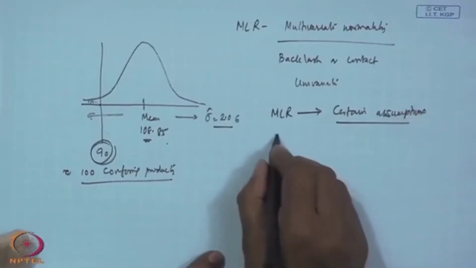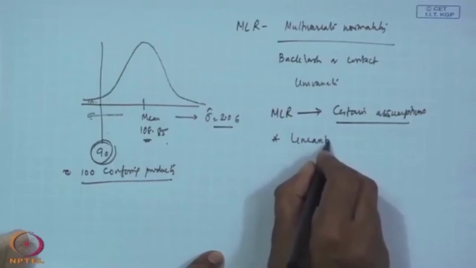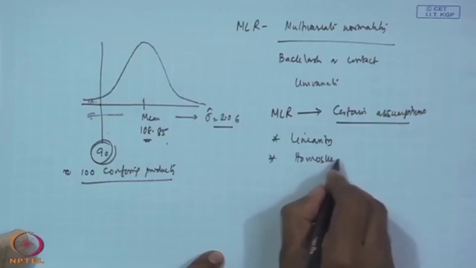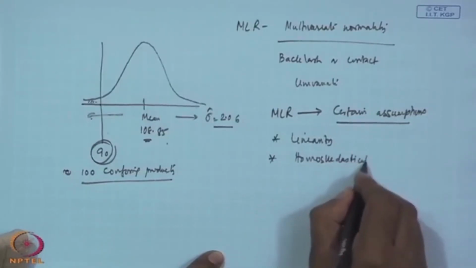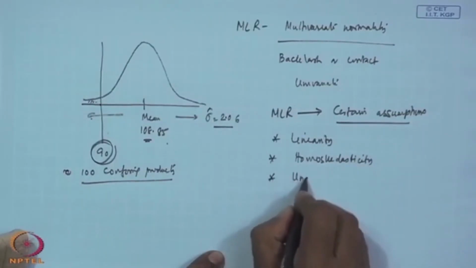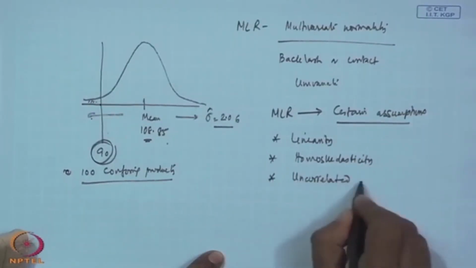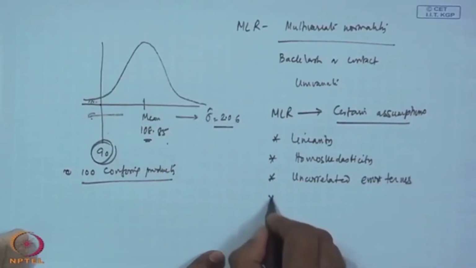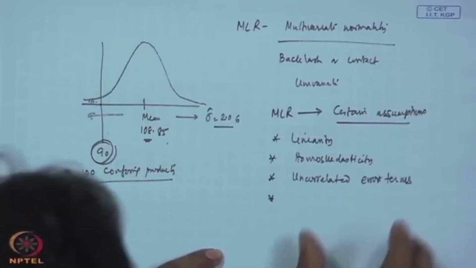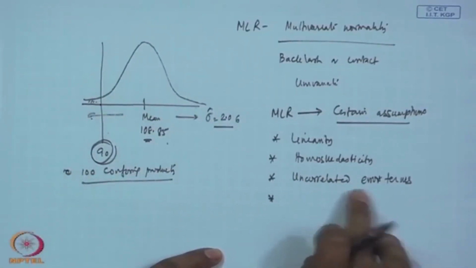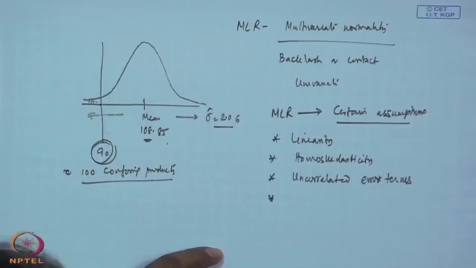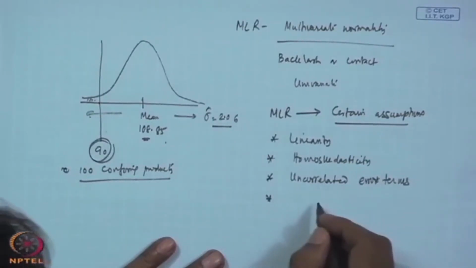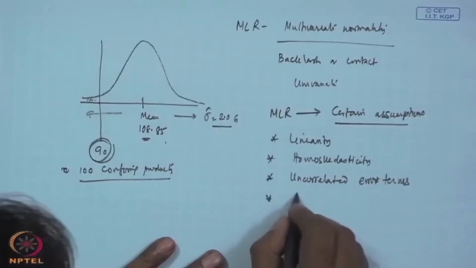One will be linearity, second one will be homoscedasticity, third one will be uncorrelated error terms, and fourth one, as we have seen, is that errors are independent, identically distributed, and errors follow a normal distribution, that is why normality.